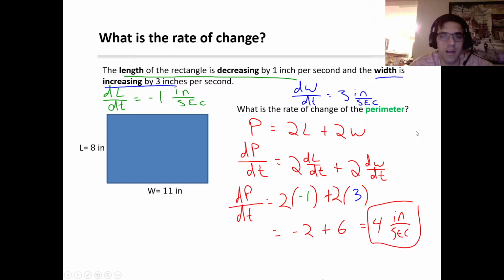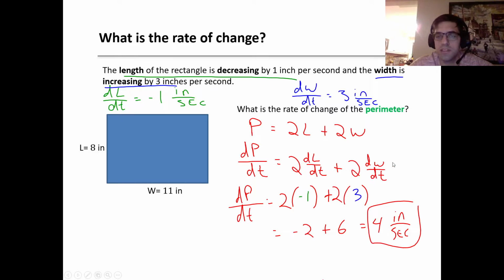Again, if we ask the same question about perimeter, what is the rate of change of the perimeter is a derivative question. So we're going to differentiate the formula for the perimeter of a rectangle, which is 2 times the length plus 2 times the width. The derivative of the perimeter with respect to time would be 2 dl dt plus 2 dw dt.